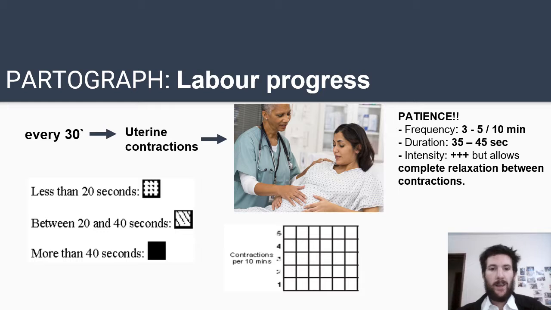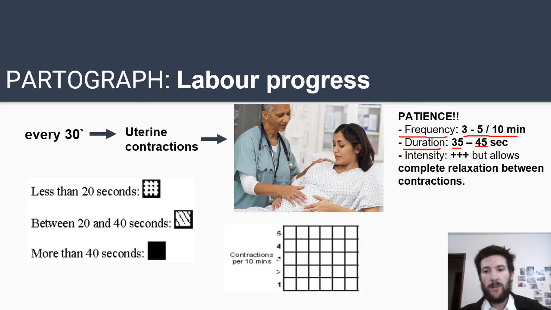And in order to know how the uterine contractions are, you need to check 3 things. First, the frequency of the contractions, where the normal is between 3 and 5 every 10 minutes. After that, you have to check the duration, where the normal is between 35 and 45 seconds each contraction.